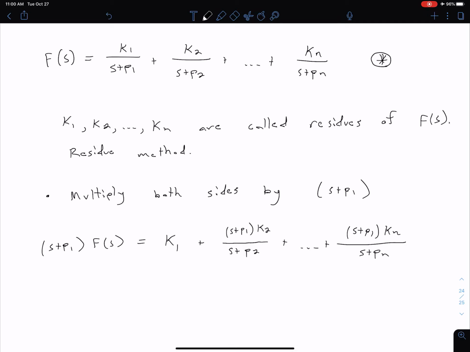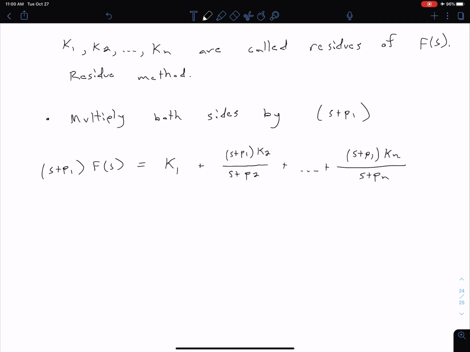And so what we want to do now is evaluate at s equals negative p1. Why would we want to do that? Every term up here that still has an s plus p1 is going to go to 0.